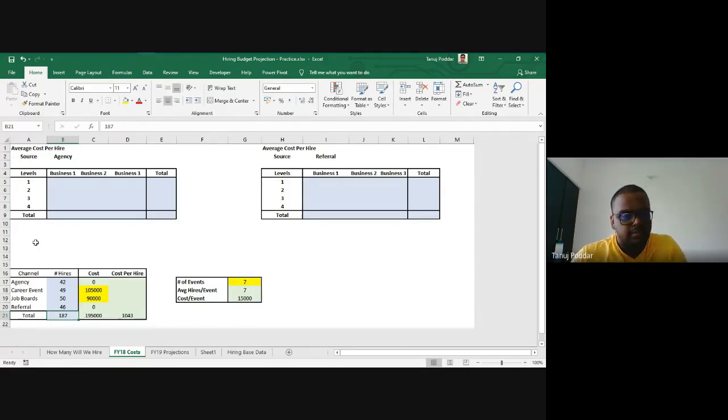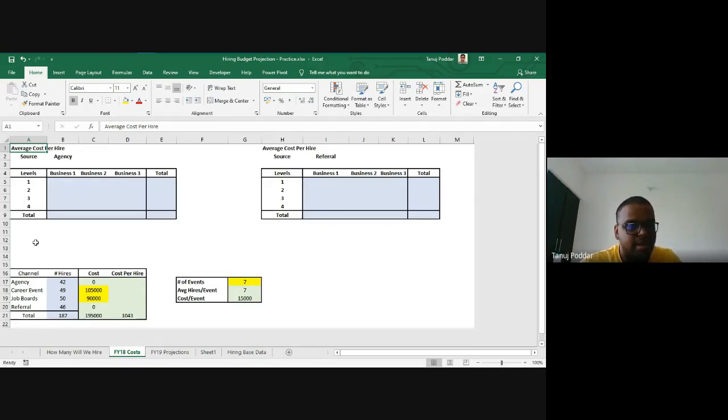Now the next thing that we will do is the next blue cells that you need to fill in, which are the two tables at the top, basically the agencies and the referrals. Now, what you see on the top of this particular table is average cost per hire. Cost per hire means average; I've included average here as well.